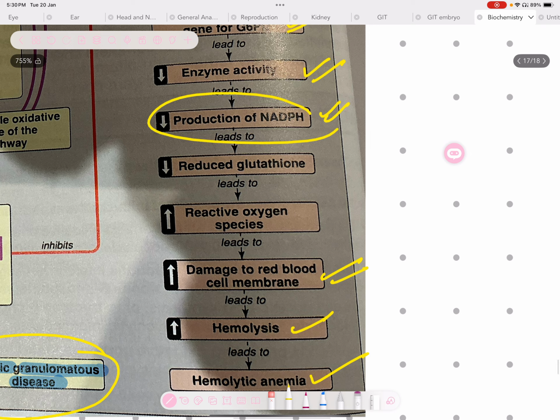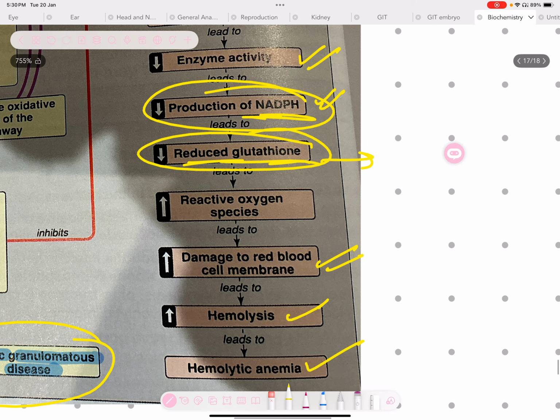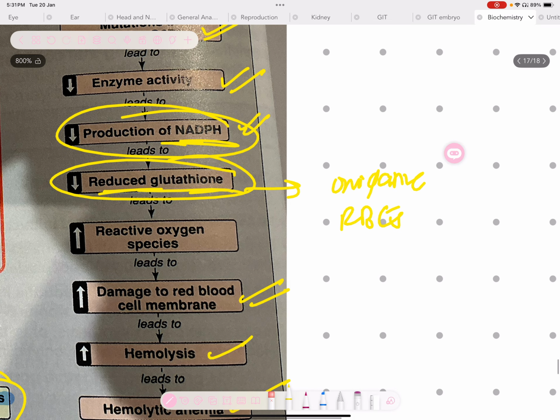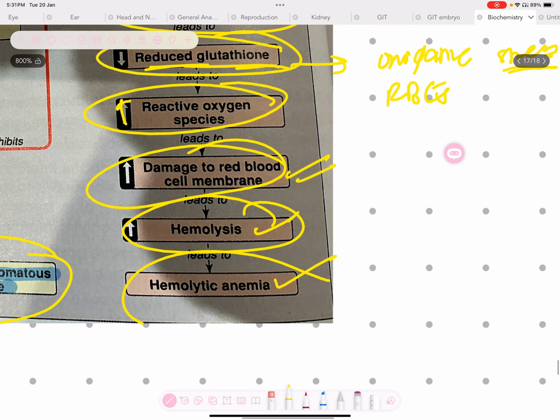Everything roots from this problem: there is decreased NADPH, because of which there will be reduced glutathione. We need reduced glutathione because that is what prevents oxidative stress on RBCs, and it prevents reactive oxygen species, or ROS, from accumulating in RBCs. In simple terms, it greatly reduces oxidative stress. So reactive oxygen species will increase, there will be damage to the red blood cell membrane, there will be hemolysis, and there will be hemolytic anemia.